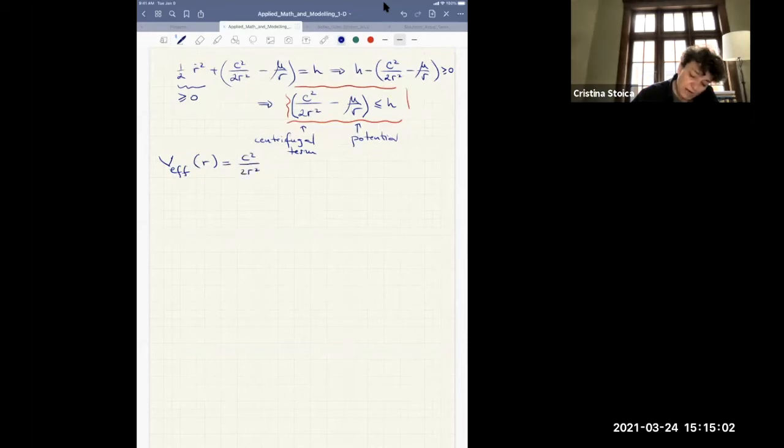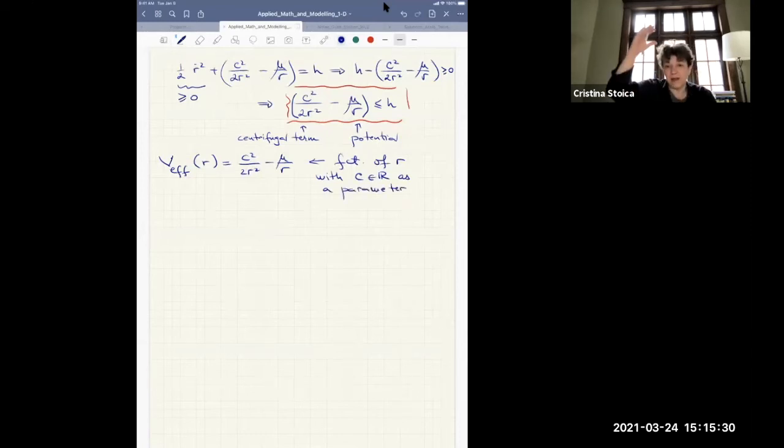So this is a function of r with c as a parameter. c is a parameter, meaning it can take values, and we might have bifurcations in the look of this function as c varies. The point is that this inequality will tell us where r is supposed to be.